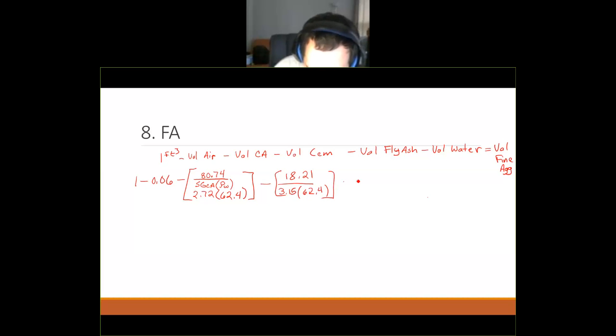Okay, now I'm going to do the volume of my fly ash. I had that at 4.55 pounds. Fly ash is at 2.2 specific gravity. Okay. Volume of water, I am using 10.93.